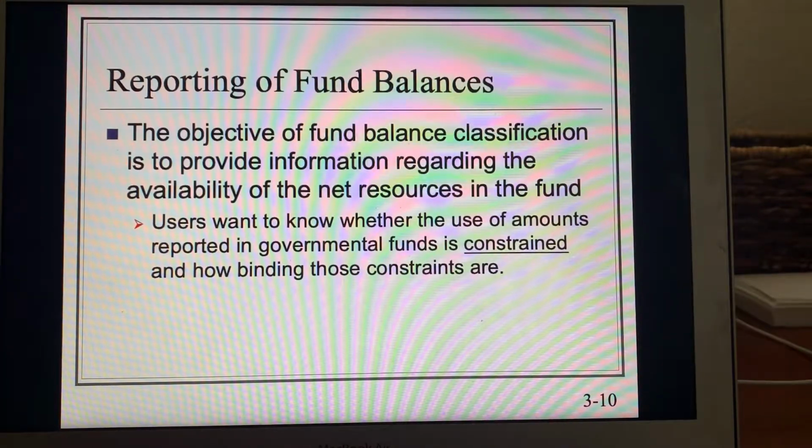The reporting of fund balance. The objective of fund balance classification is to provide information regarding the availability of the net resources in the fund. Again, the user wants to know whether the use of amounts reported in governmental funds is constrained and how binding those constraints are. So they're definitely going to be tied, and there are constraints.